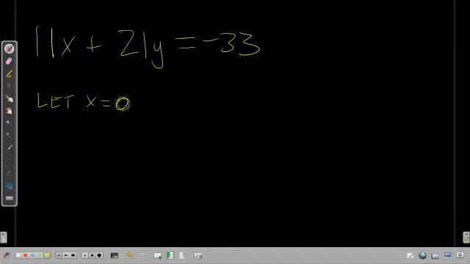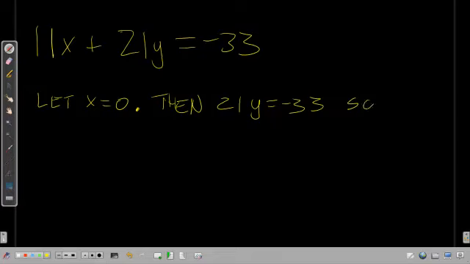If I let x be 0, then I'm going to be talking about the y-intercept. And if x is 0, then this term is gone. It would say 21y is equal to negative 33. In which case, y would just be minus 33 over 21.